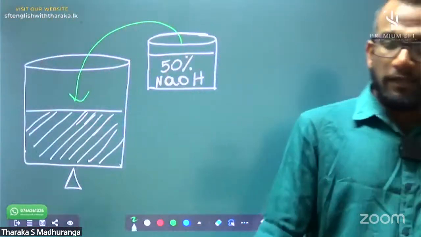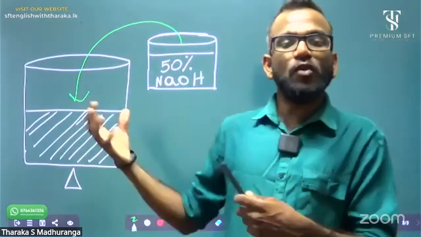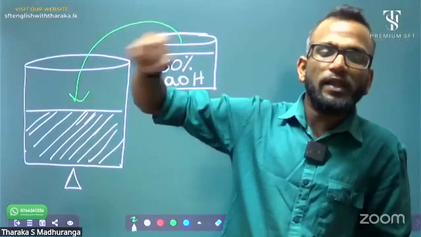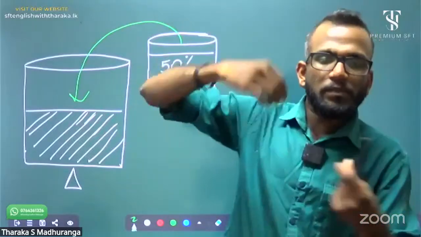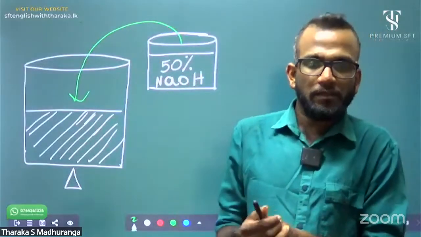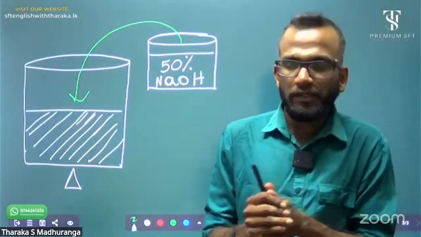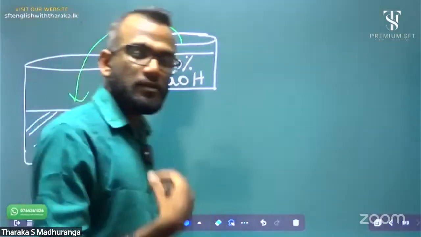Why do we need to mix? The first thing is heat management. Because it is heated, you have to maintain the heat, meaning the entire reaction at the same temperature, otherwise heat damages your final product. Therefore, you have to mix it well.